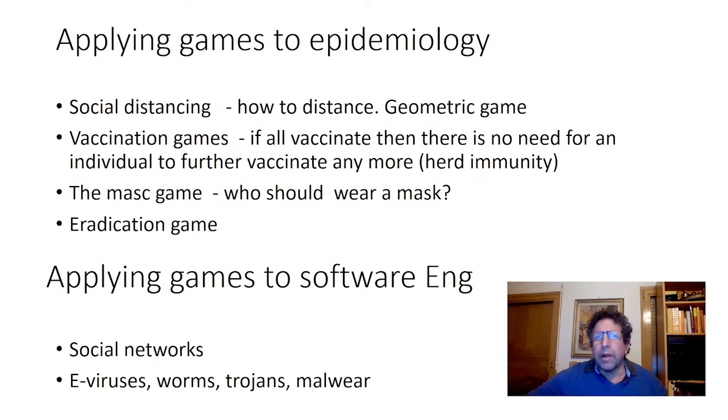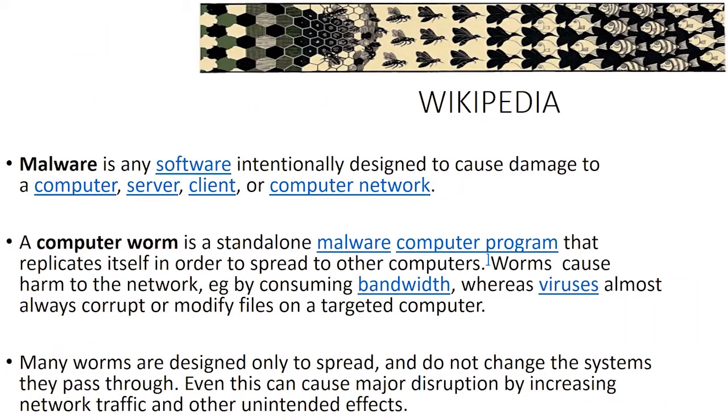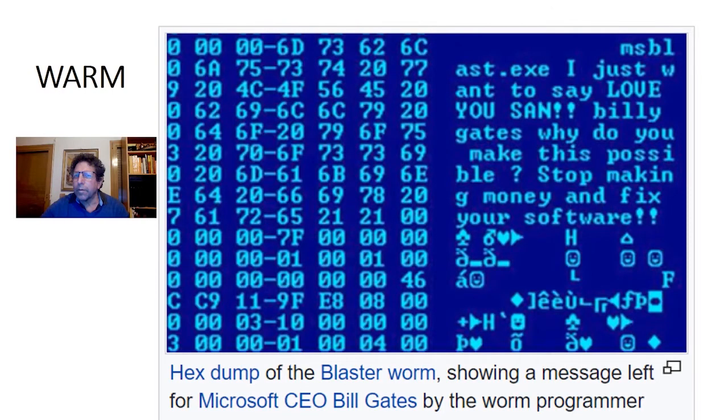We have been applying game theory to epidemiology, so both to electronic viruses as well as to real ones. Here is a worm, the Blaster worm, showing a message left for Microsoft CEO Bill Gates by the worm programmer.